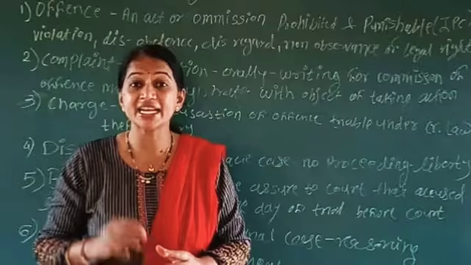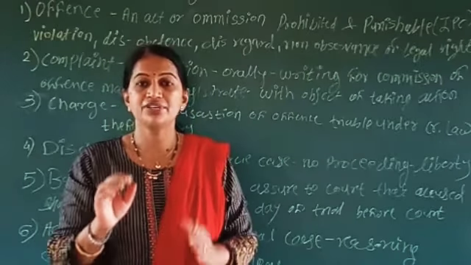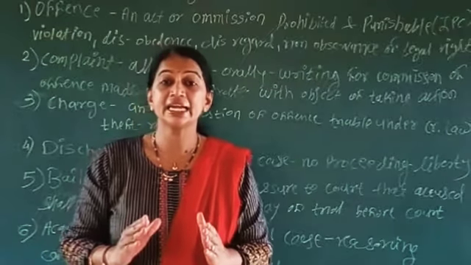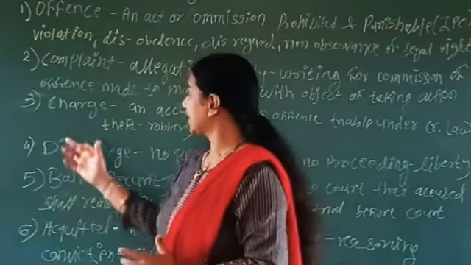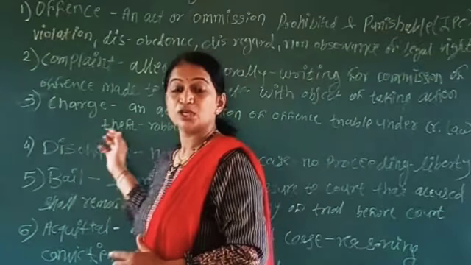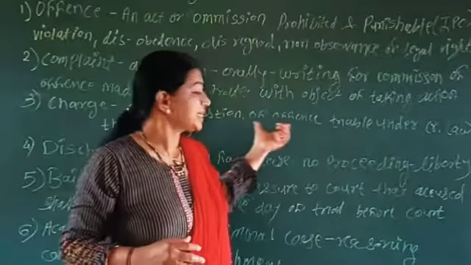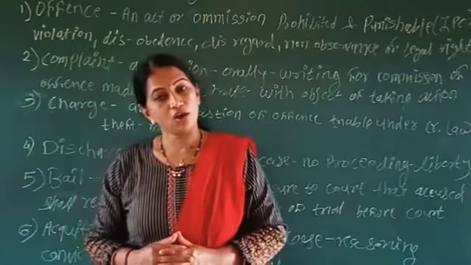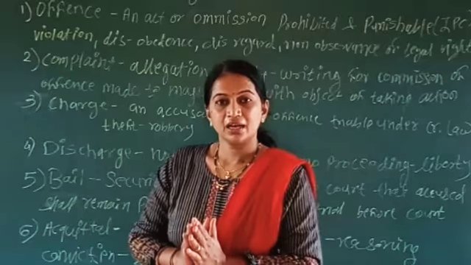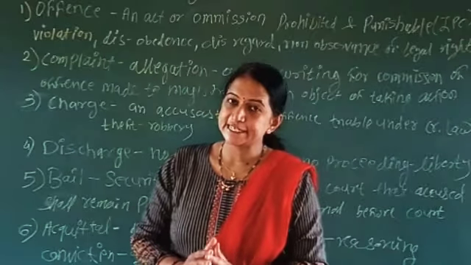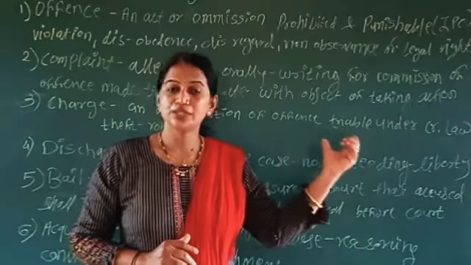So a charge is an accusation, and a charge sheet is a record which is properly maintained regarding the accusation against the accused person. So charges are accusations regarding an offence. The charge sheet is one of the important documents.